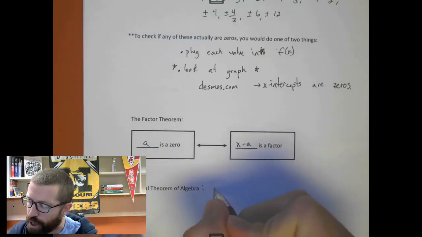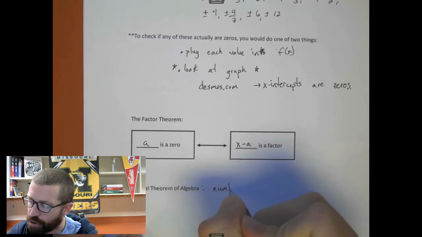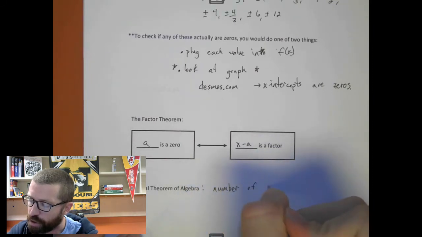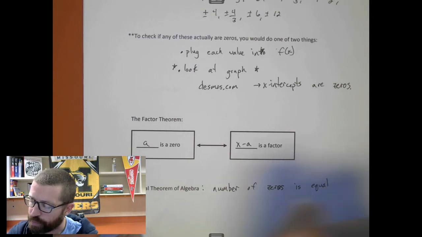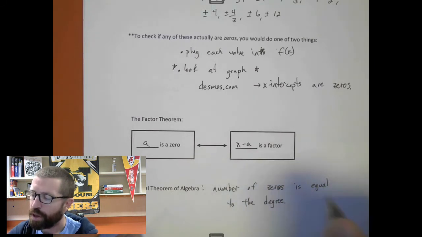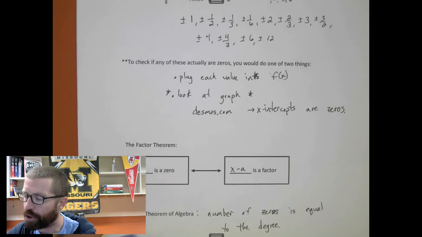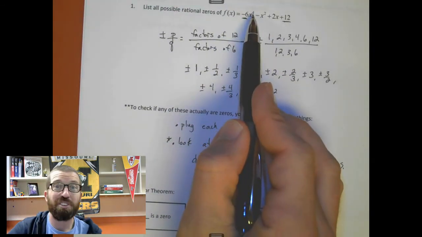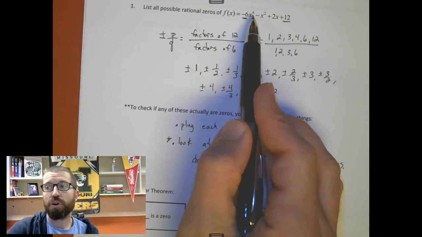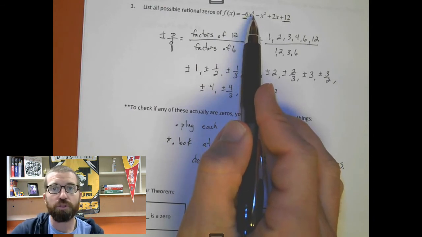In short, the number of zeros is equal to the degree of the polynomial. So even if we go back up here to this one, this is going to have 4 zeros. They're not necessarily going to be distinct, meaning all different, or all real, but there's going to be 4 zeros.